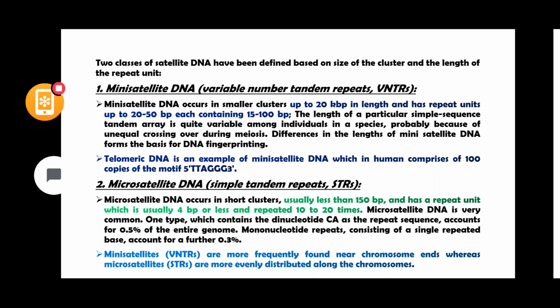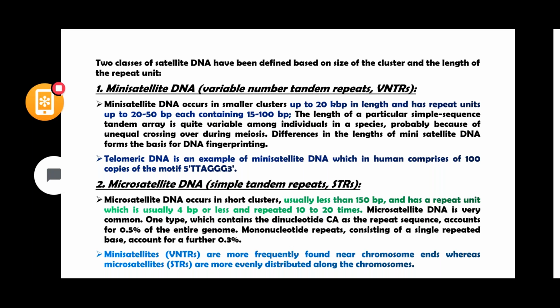Now, what is minisatellite? Minisatellite DNA occurs in small clusters up to 20 kilobase pair in length. The satellite DNAs which were present in the DNA were about 100 to 500 kilobase long, present in clusters, but this minisatellite DNA is present only up to 20 kilobase pair in length.